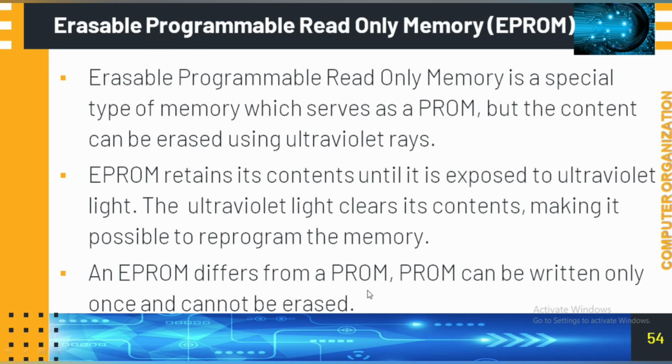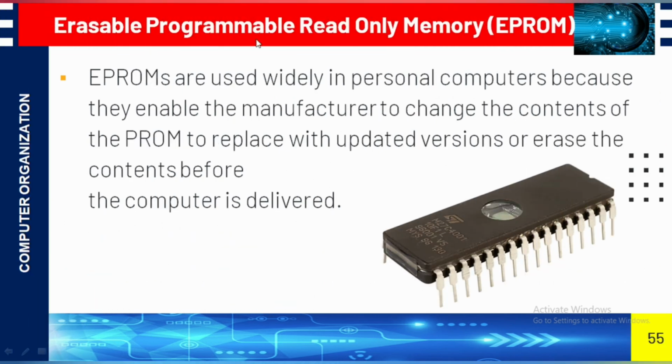An EPROM differs from a PROM. PROM can be written only once and cannot be erased. The content stored in PROM cannot be erased, but the content stored in EPROM can be erased by using ultraviolet rays. Erasable programmable read-only memory is used widely in personal computers because it enables the manufacturer to change the content of the PROM to replace it with updated versions or erase the content before the computer is delivered.